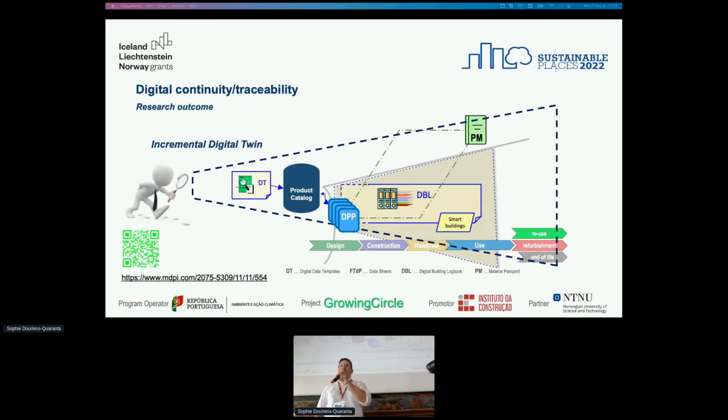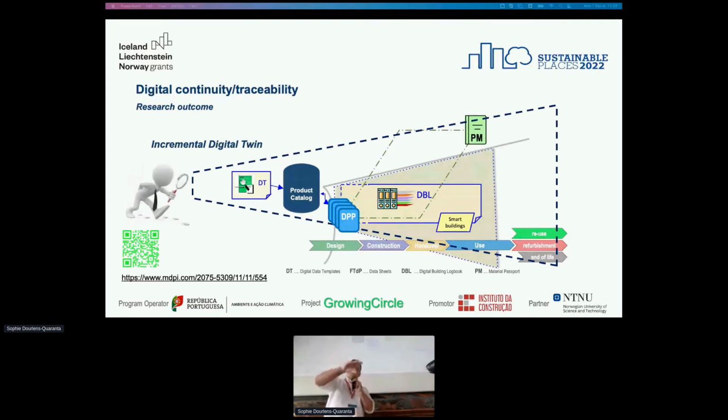Okay, so continuing with the research outcomes, on the digitalization side, we had the idea of data templates. It's not so well known, but there is an ISO standard that sets this structure of information that will hopefully, I think, enable the digital product passports.